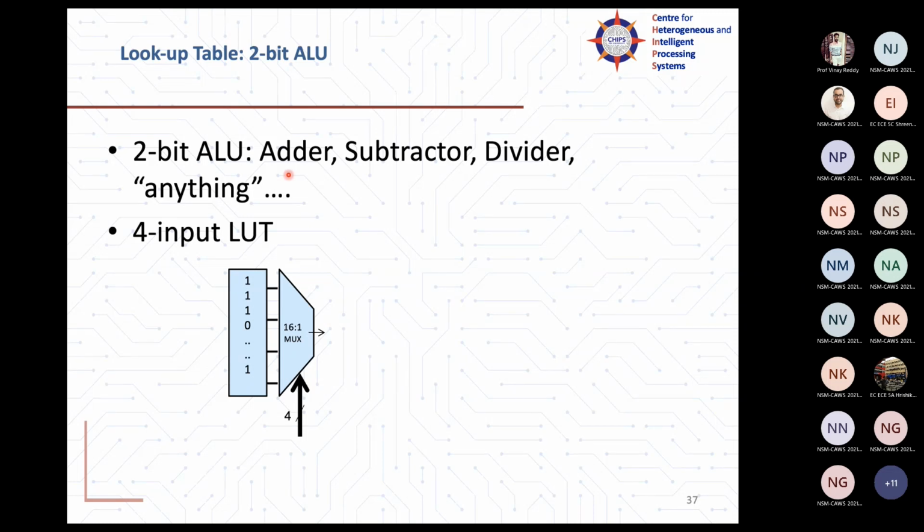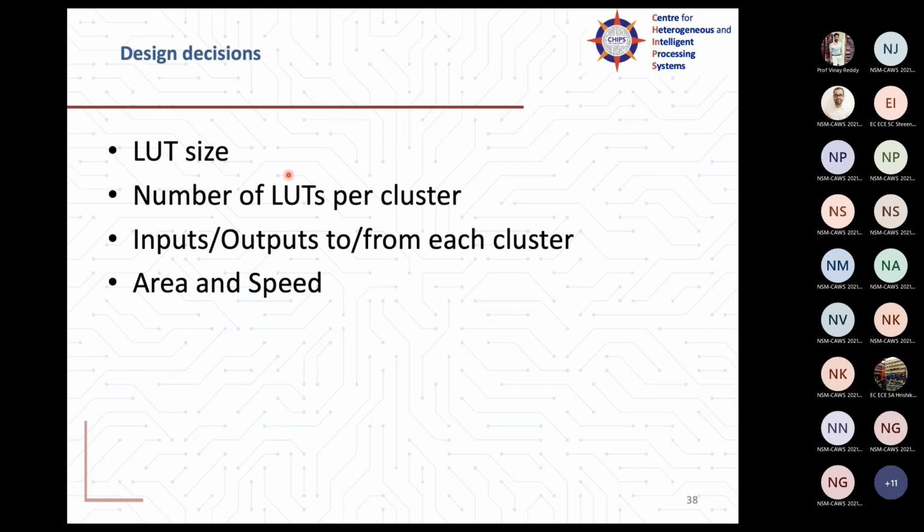So there are a few design decisions that have been studied before deciding on the size of the lookup table. So when I say an FPGA has a 5-input lookup table, these are analyses that have been done over a set of benchmarks that make it viable to accommodate a wide range of applications, right?